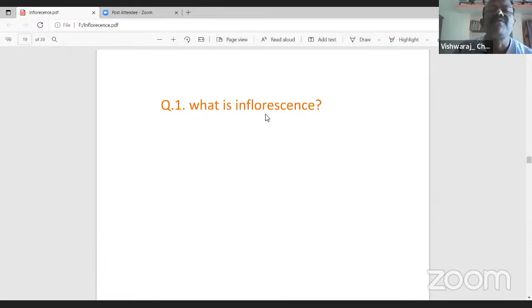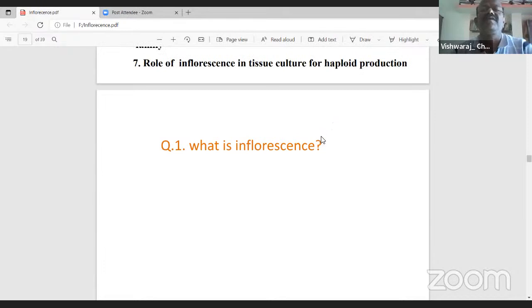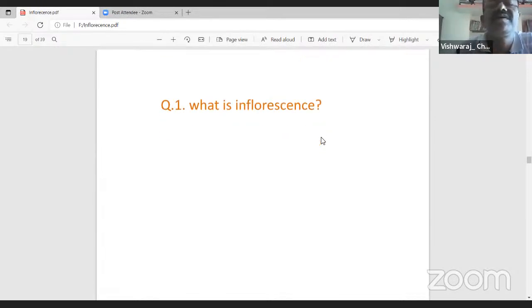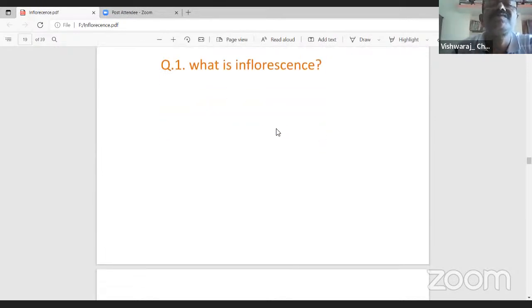Number one question: what is inflorescence? Tell me, anybody, the definition or meaning of inflorescence.